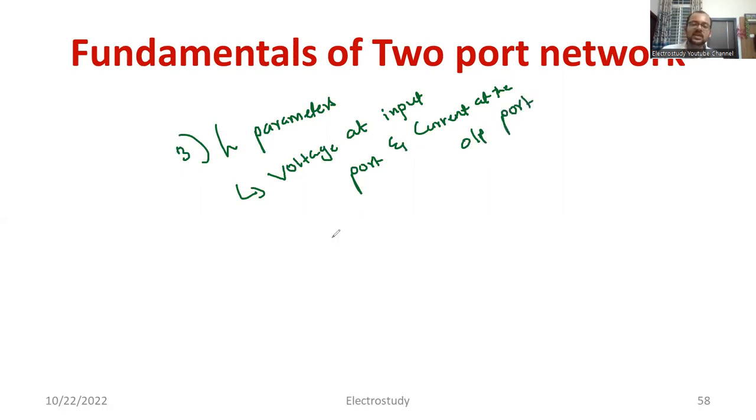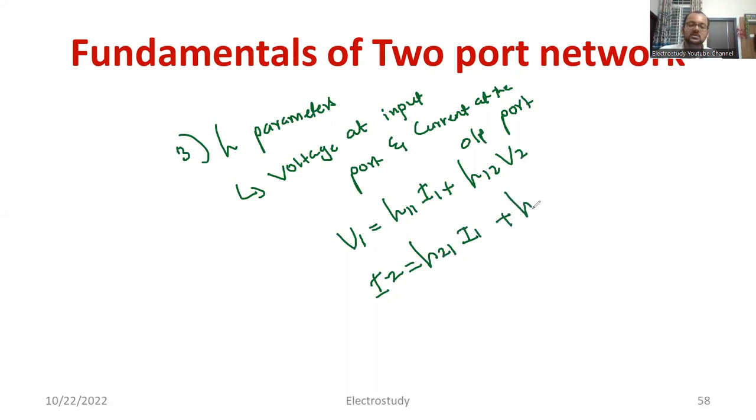Some theoretical questions can be expected. So how will you express the H parameter or hybrid parameters? V1 equal to H11 I1 plus H12 V2. All right. Then I2 is equal to H21 I1 plus H22 V2. This is the way to denote H parameters.